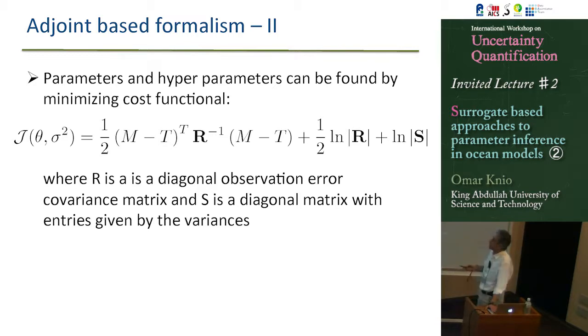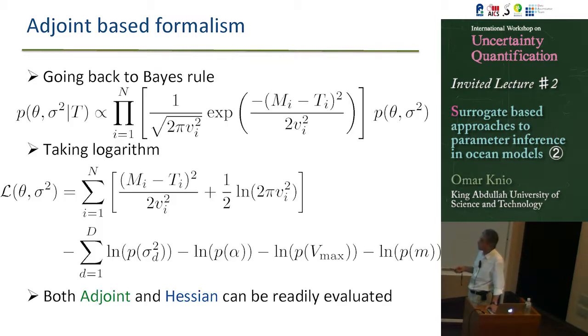Then I can try to minimize the distance using this adjoint and this Hessian. So in a variational type approach, what we're trying to do is look at the parameter vector theta that maximizes the likelihood or the log likelihood. And the way I go about it is through a variational approach.